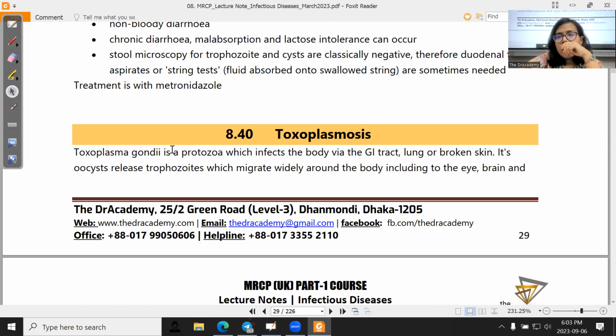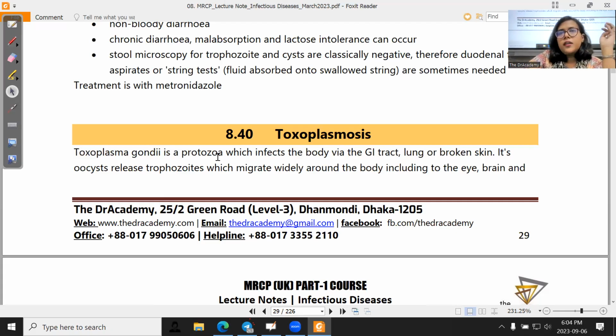Normally, Toxoplasma gondii usually does not cause any symptoms. It causes symptoms in immunocompromised patients. And not just that, if the cat feces is not properly cleaned and you inhale, not the feces itself, but the air surrounding that area, it can also affect you.